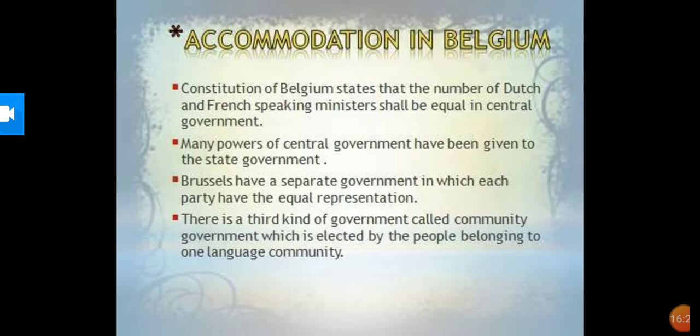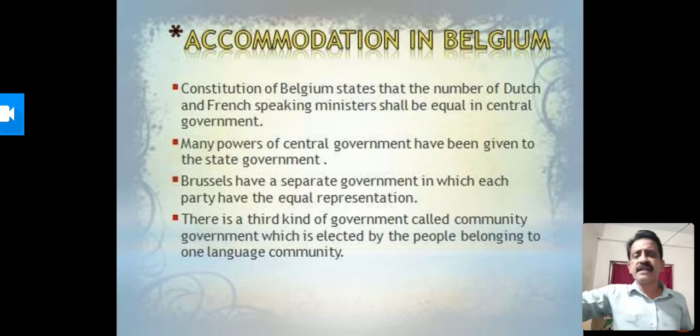Accommodation in Belgium. The Constitution of Belgium states that the number of Dutch and French speaking ministers shall be equal in the central government. Remember the first accommodation. The second one says, many powers of the central government have been given to the state government.